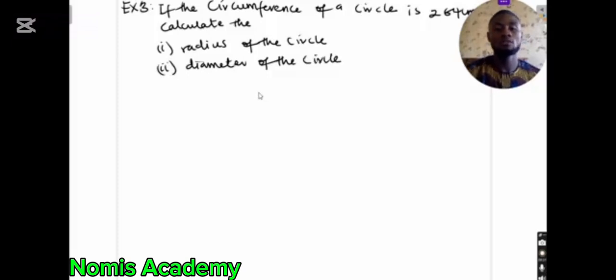So how do we solve this now? The circumference has been given and we are asked to calculate the radius and the diameter of the circle. That means from the formula we have, we are going to make the radius the subject of the formula.